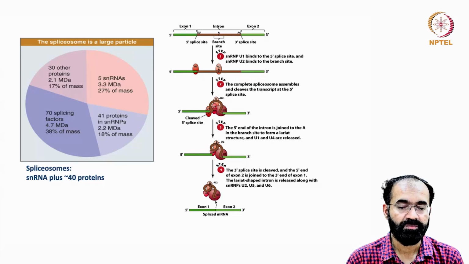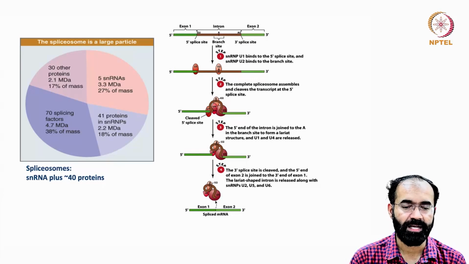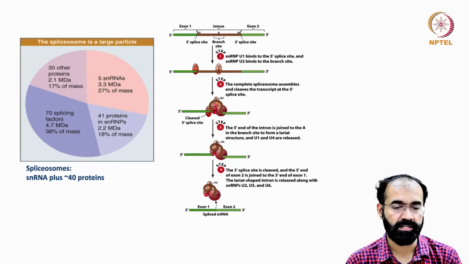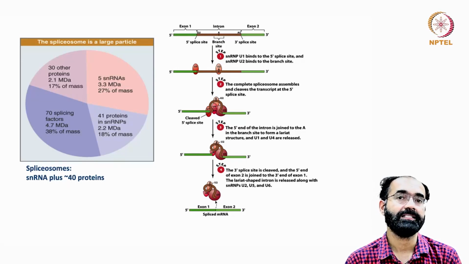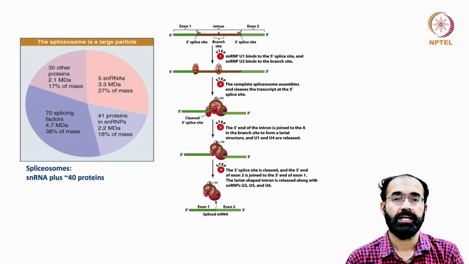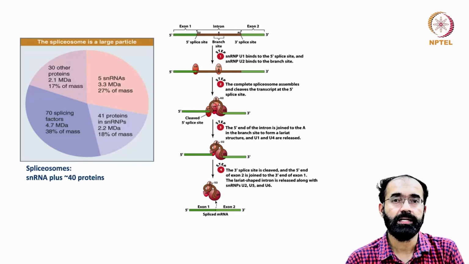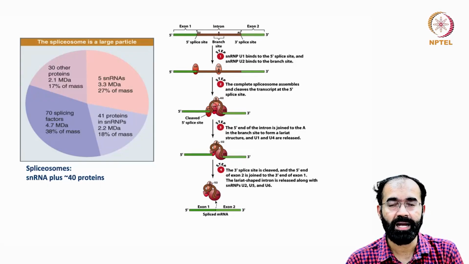So now if you see closely, this spliceosome is a large particle, which we know. It is not a simple thing, it is a highly organized structure, and it is regulated in a stringent manner.